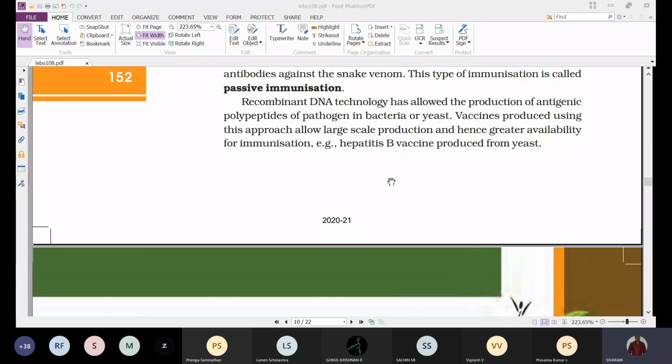They isolate that gene, which is producing that antigenic structure, and introduce it into another organism's genetic material, like bacteria or yeast. Now this bacteria or yeast is allowed to grow. When it is growing, it will produce that antigenic structure.